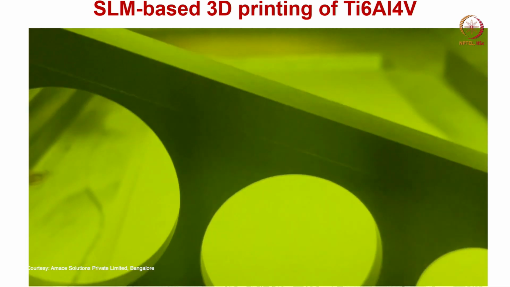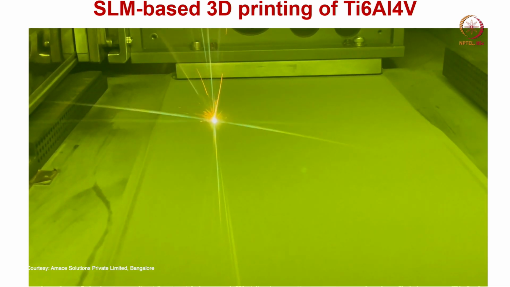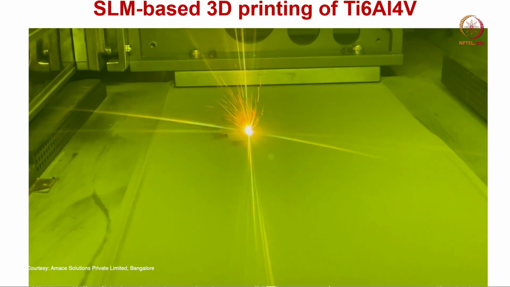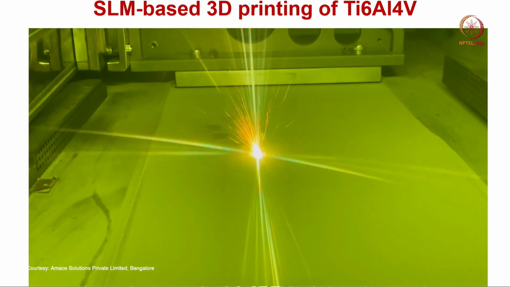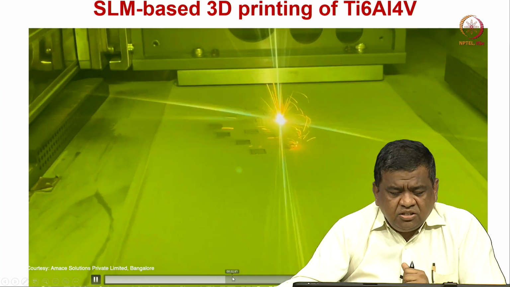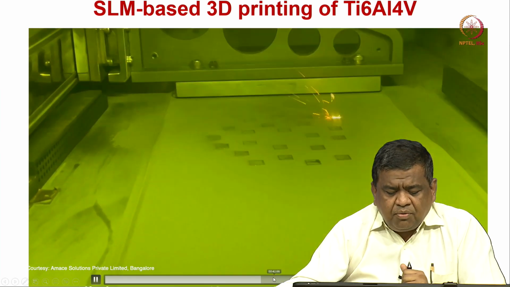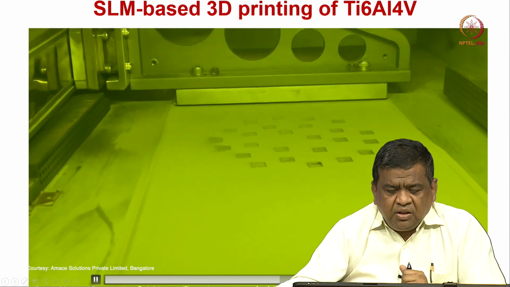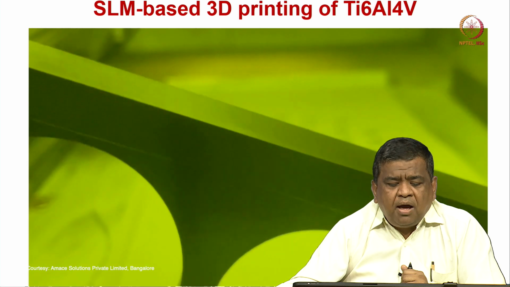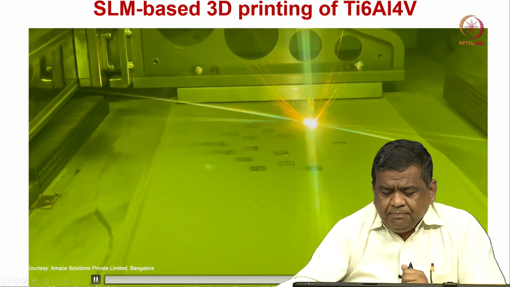Each time a new layer is exposed to the laser beam, similar interaction processes involving melting and solidification of the material will continue, and then again the next layer is deposited, the next layer interacts with the laser beam, and again the same process continues. So, this entire component is manufactured in a layer by layer manner, right.